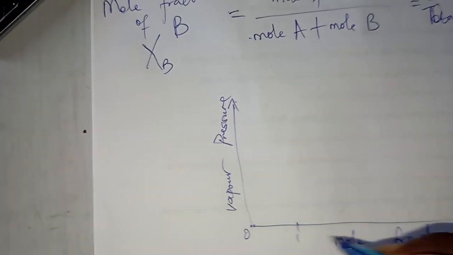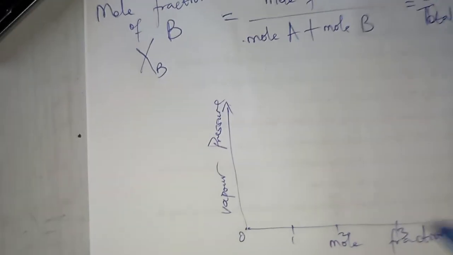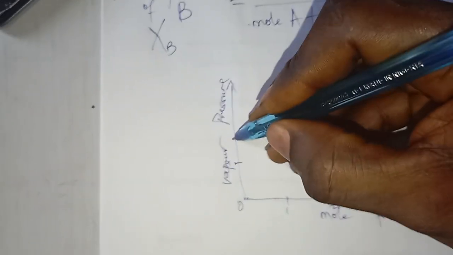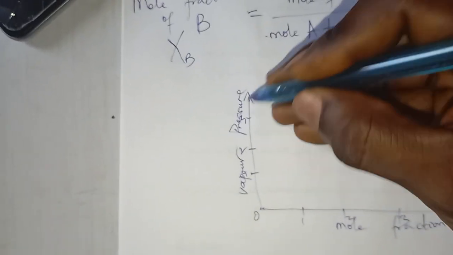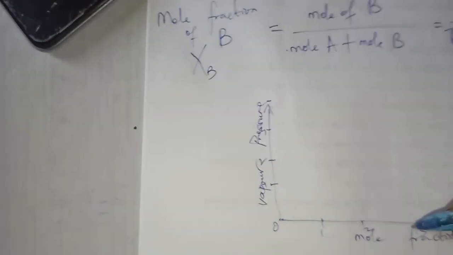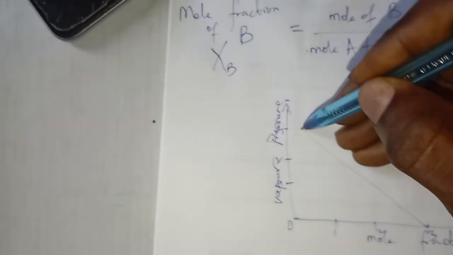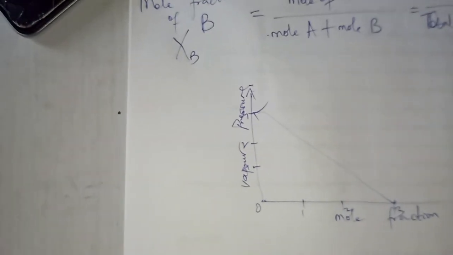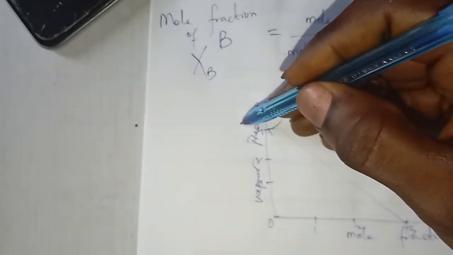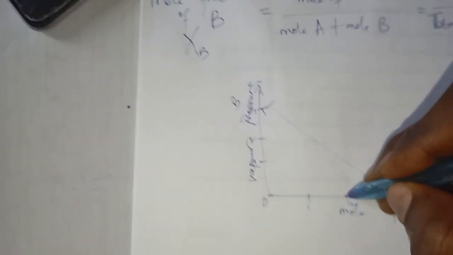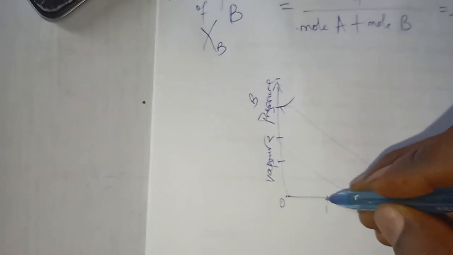So the idea is that if this is 0 and this is 1, 2, 3, notice that mole fraction is increasing. As it's increasing 1, 2, 3, and so on, it should be in such a way that this 3 equals this one. Are you seeing it? So if this is benzene, vapor pressure of benzene should be this way. So that as it's going to 2, this one is also going to 2. They are moving this way.